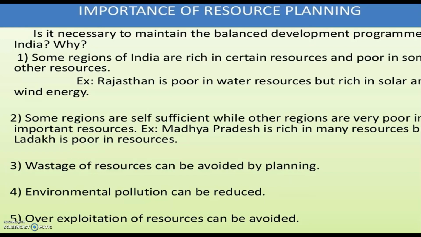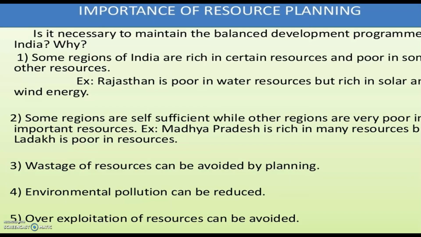So for example, Rajasthan is poor in water resources but rich in solar and wind energy. Then the states like Jharkhand, Chhattisgarh, Madhya Pradesh, etc. are rich in minerals and coal deposits. Then Arunachal Pradesh has abundance of water resources but lacks in infrastructural development.